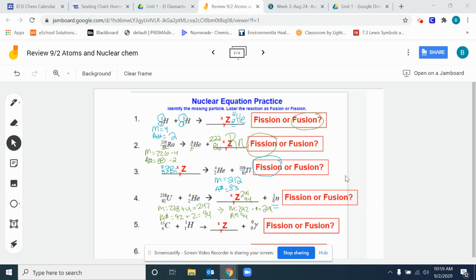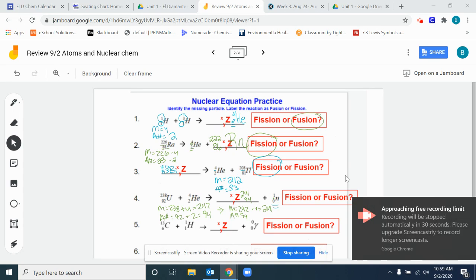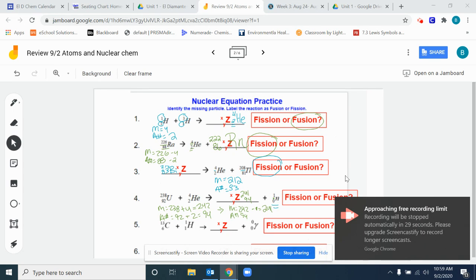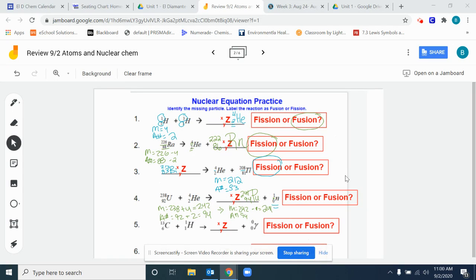So when I look up 94, 94 is going to be on the very bottom for the actinides. It is Pu. So this one is breaking from 2 and it's fusing to make 1 and releasing a neutron while it goes. So from 2 to 1, we are going to fuse together.